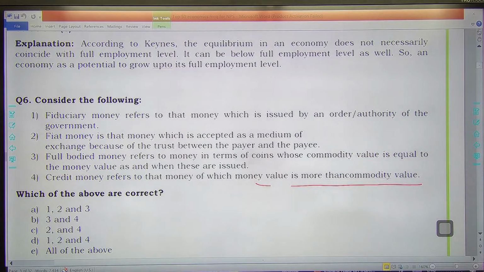Which of the above statements are correct?